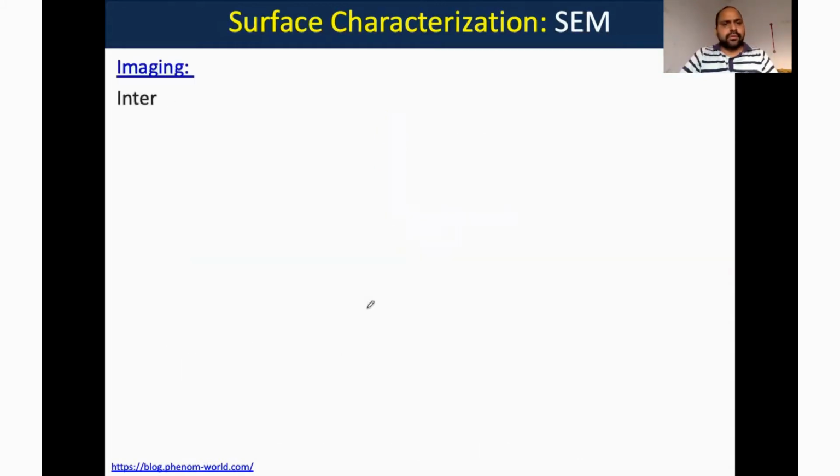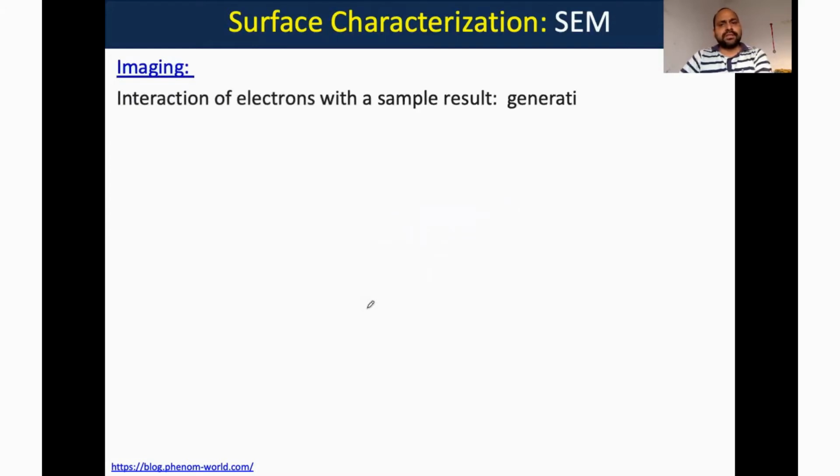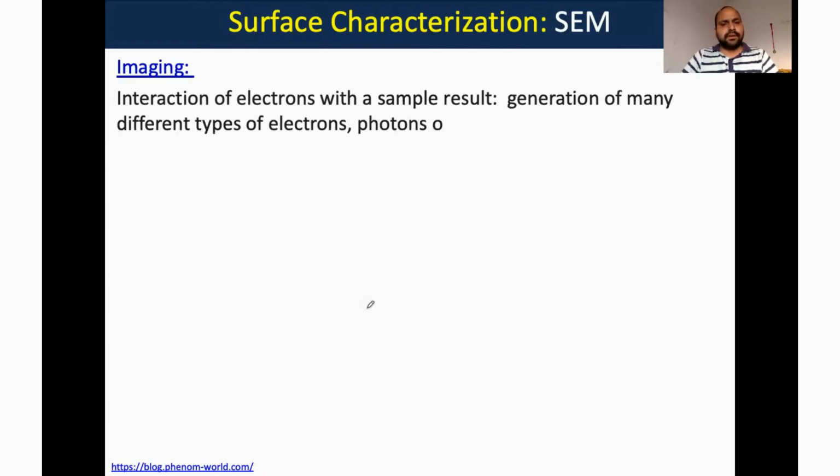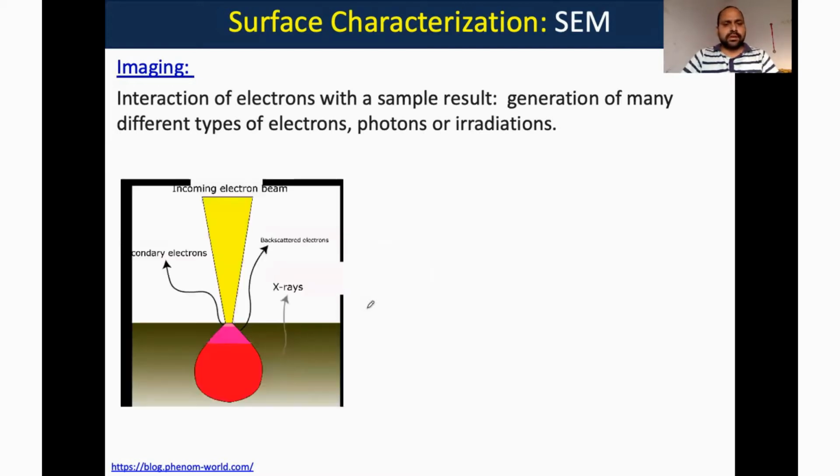The interaction of electrons with the sample creates different types of electrons, maybe photons or irradiations also. And particularly we focus on two types of electron. One is the secondary electron and another is the backscattered electron.